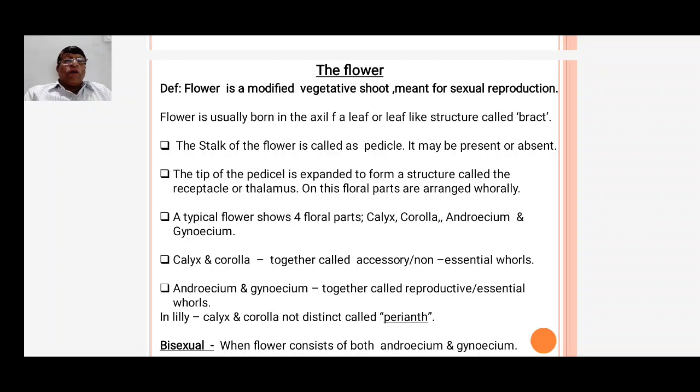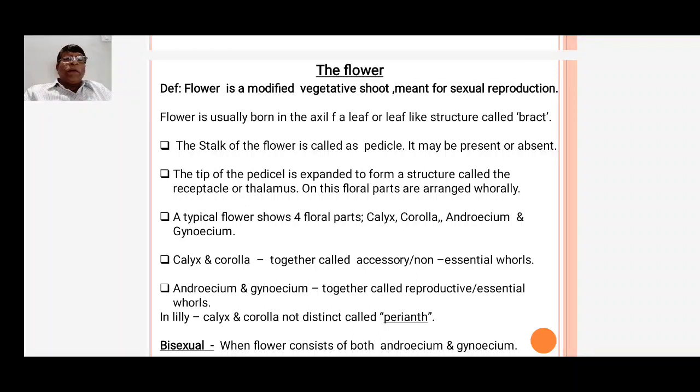A typical flower shows 4 floral parts, namely the calyx, the corolla, androecium, and the gynoecium. Calyx and corolla together are called accessory whorls, non-essential whorls, because they do not take part in reproduction directly.